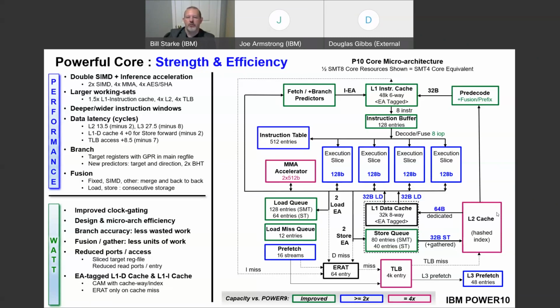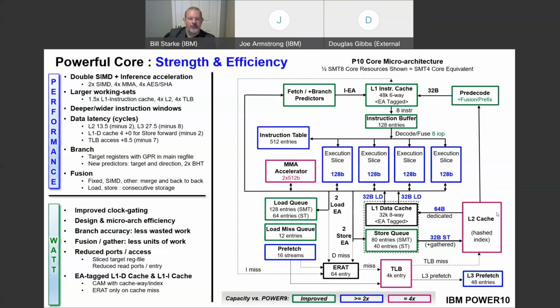So take two regular instructions and combine them into a jumbo instruction to really leverage the double size of those execution slices. You don't need to recompile to use that new prefix architecture. We have ways of automatically, on the fly, turning old 32-bit or 4-byte instructions into new 8-byte instructions. And so that's another area of not only getting performance, but reducing energy.